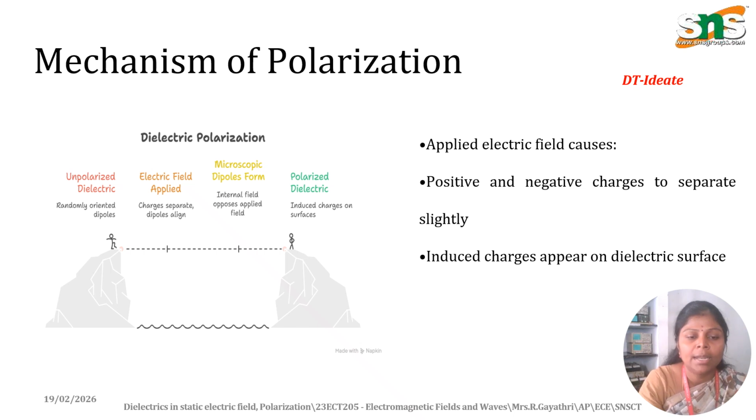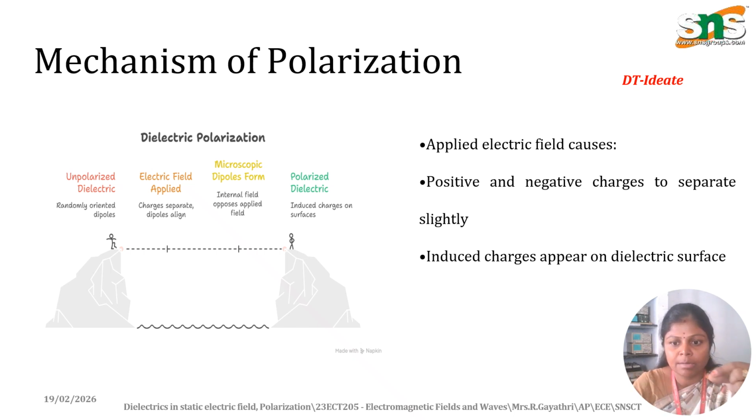Coming to the mechanism of polarization: when we apply an electric field to two charges, the positive and negative charges are separated by some distance and a microscopic dipole is formed. A very small dipole is produced, and in turn it produces the dipole moment.